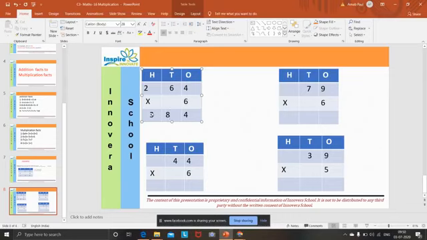What we have done: I first multiplied 4 6s, that is 24. 4 I have written down, and the 2 should be at the top of the 6, which we will add.